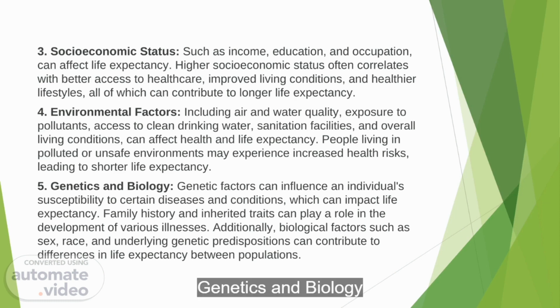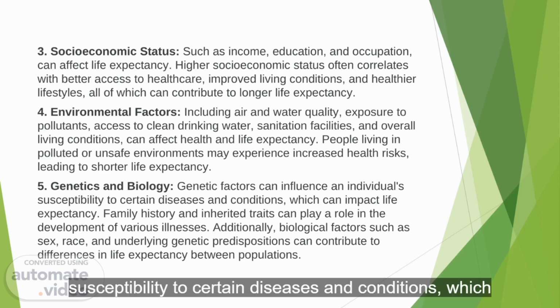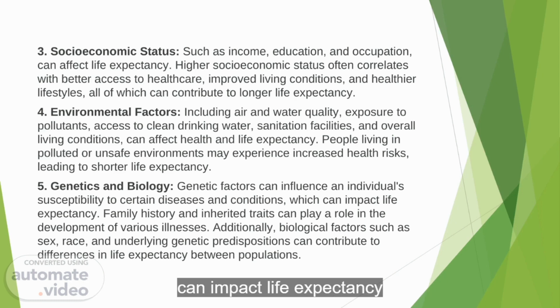5. Genetics and biology. Genetic factors can influence an individual's susceptibility to certain diseases and conditions, which can impact life expectancy. Family history and inherited traits can play a role in the development of various illnesses.